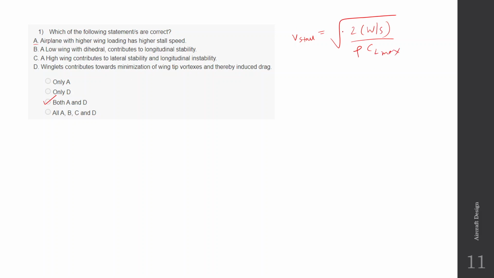So you can see that the wing loading and the stall speed are directly correlated, which means that if the wing loading is higher, then the stall speed is also going to be higher. Now for the second option, it is low wing with dihedral contributes to longitudinal stability.